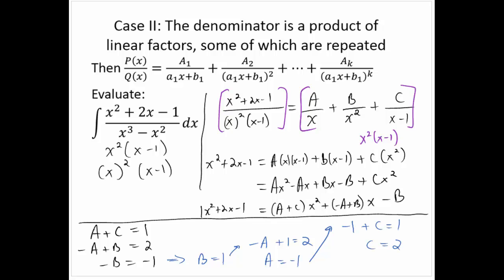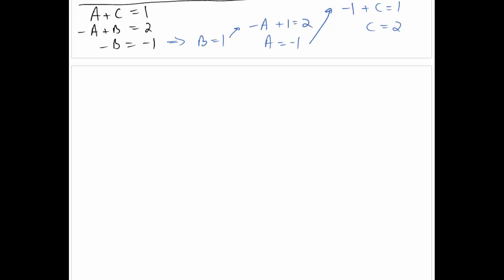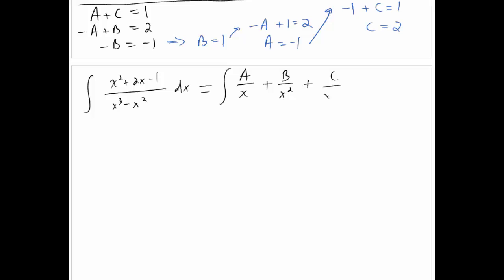So there's the algebra, and now the calculus. We were asked to integrate x squared plus 2x minus 1 over x cubed minus x squared dx. And we said, well, we can write that as the integral of a over x plus b over x squared plus c over x minus 1 dx.